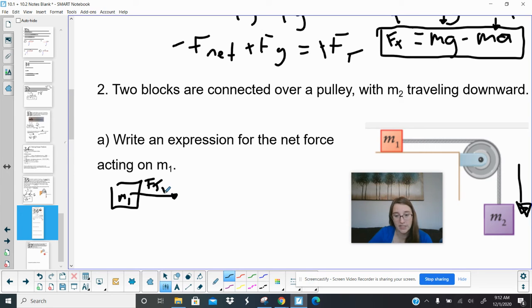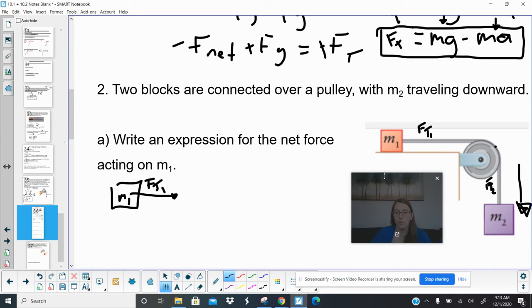It's been a while since we had to do this. This force of tension is going to be different than this one because different masses are being pulled at different ends of the string. This pulley acts as a stopping point for this force here to be different than this force here. So this is force tension 1.